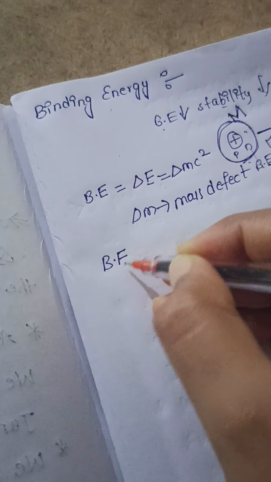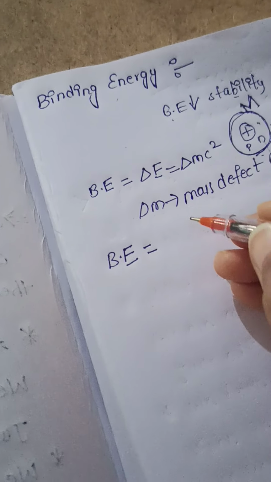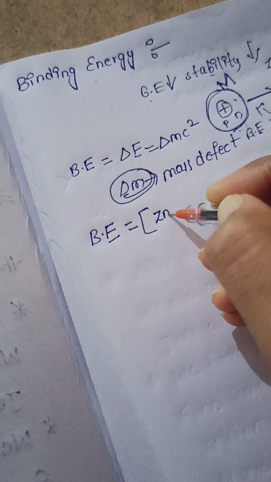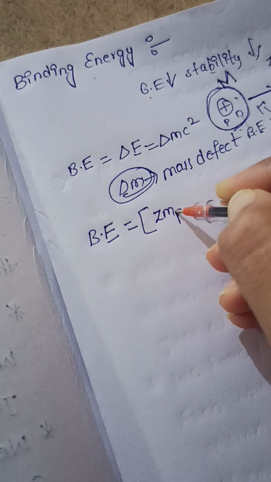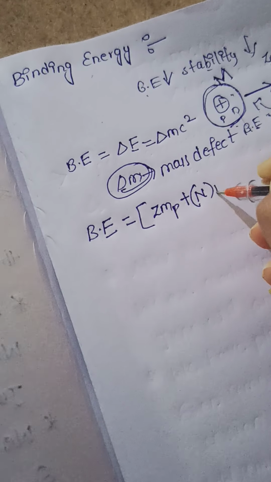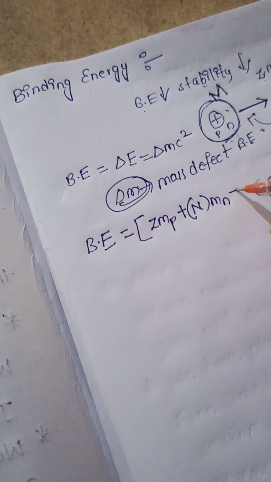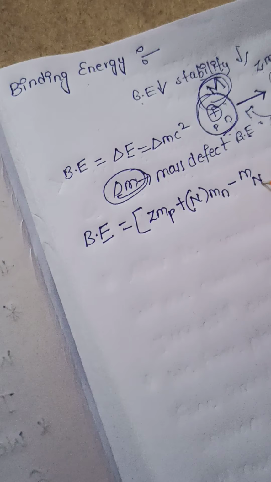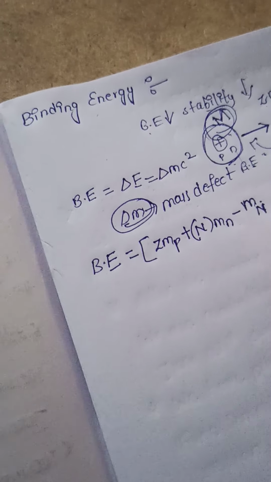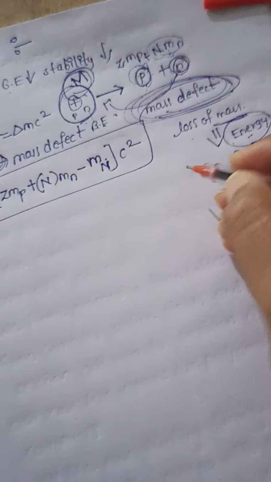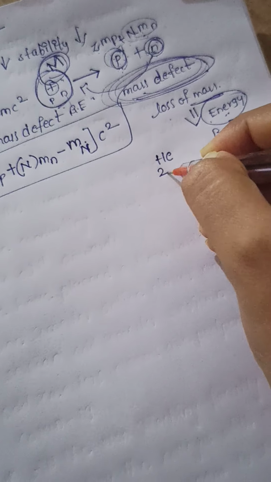Now the binding energy can be calculated with the formula: delta m equals Z times the mass of the proton, where Z is the number of protons, plus the number of neutrons multiplied by the mass of the neutron, minus the total mass of the nucleus, M_N, all multiplied by c squared. This is the binding energy. Here, for example, there is a helium nucleus, helium 2 4.